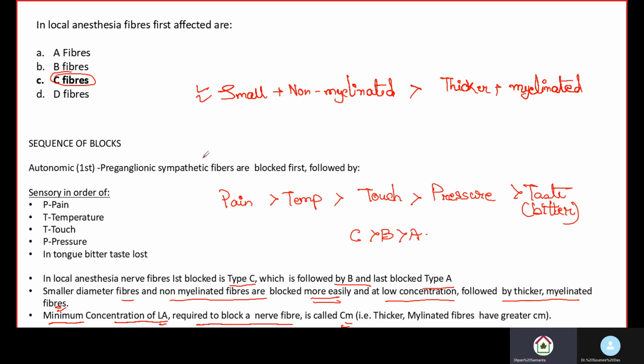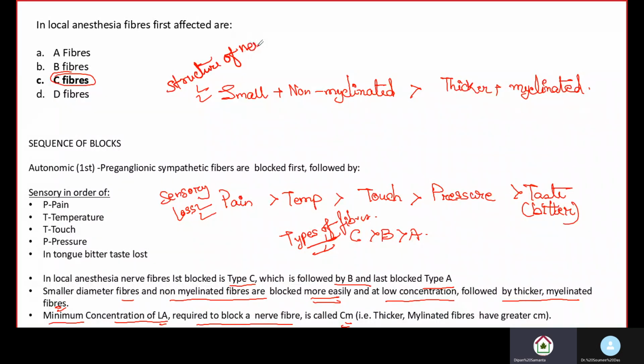Remember these sequences: this is the sensory loss sequence, this is the type of nerve fibers lost, and this is according to the structure of neurons.